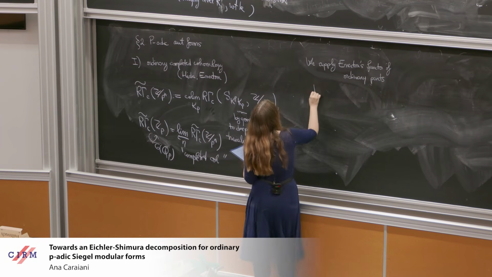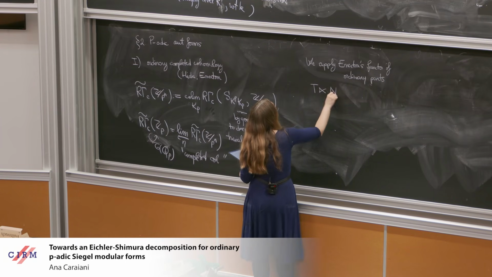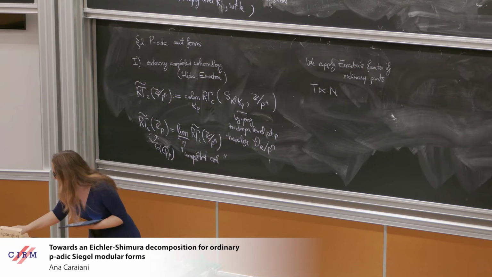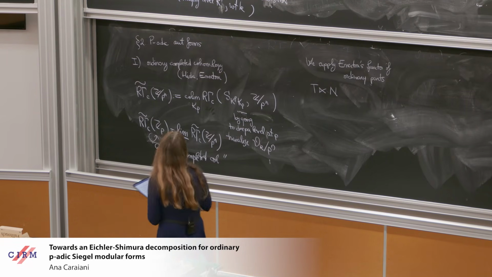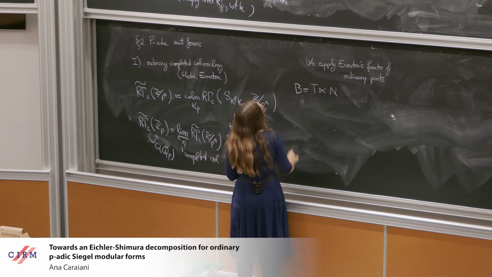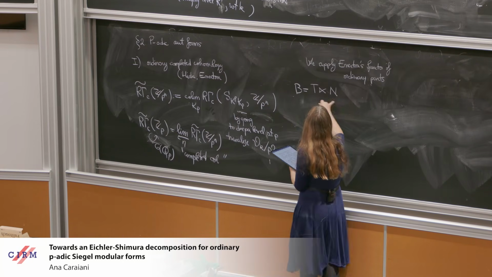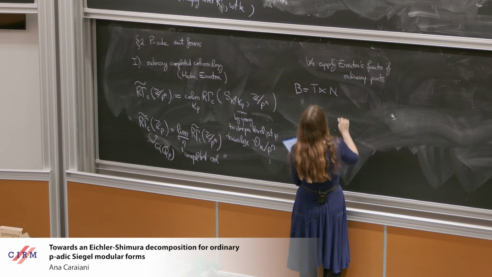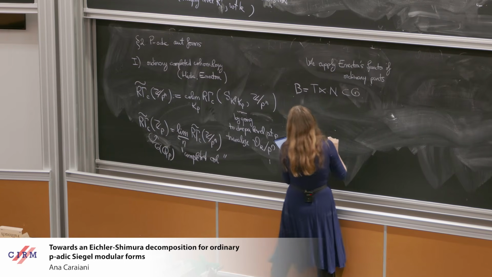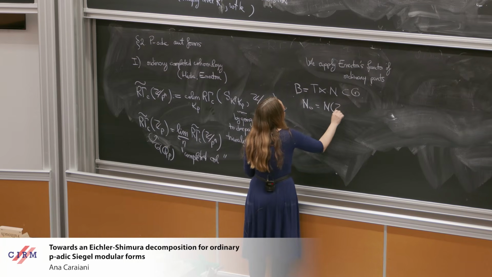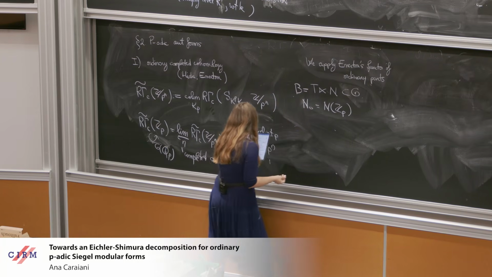And I just need a bit of notation. So you can take ordinary parts with respect to an arbitrary parabolic, but I'm just going to focus on ordinary parts with respect to the Borel. My group is split. So I write the Borel as a product of a torus and a unipotent part. And then I denote by N_0 the Z_p points of the unipotent part.